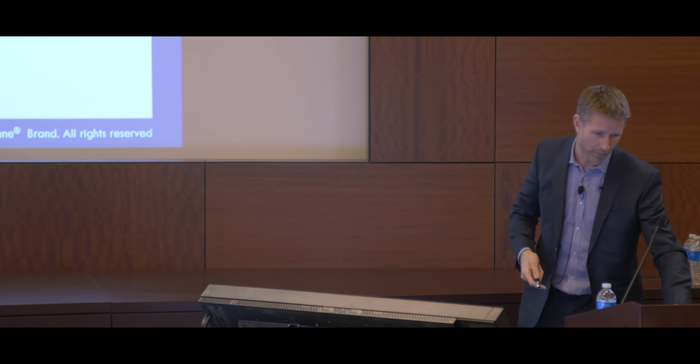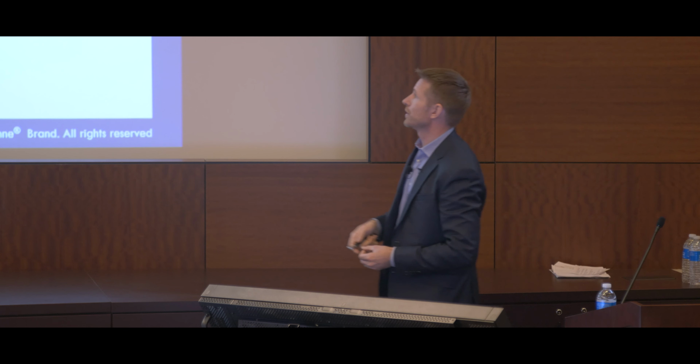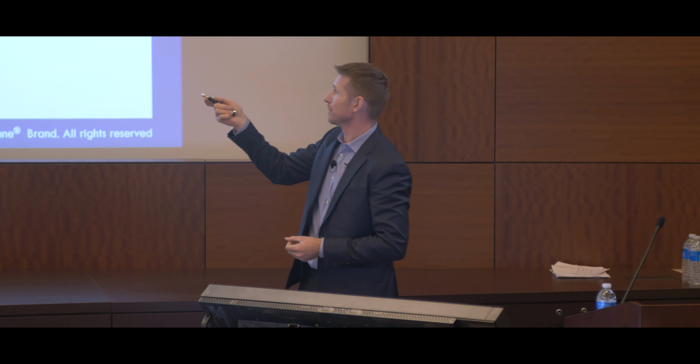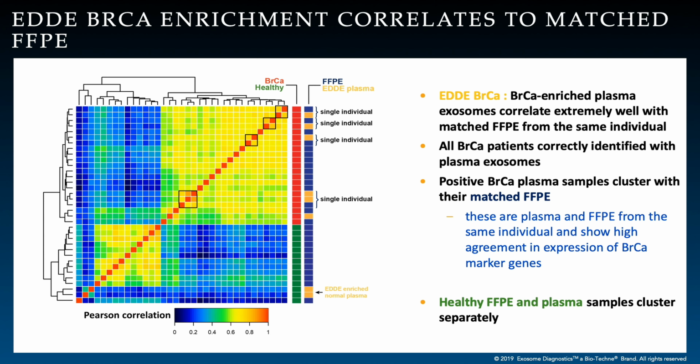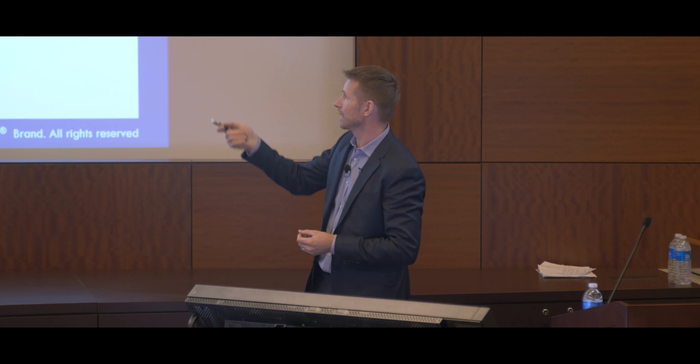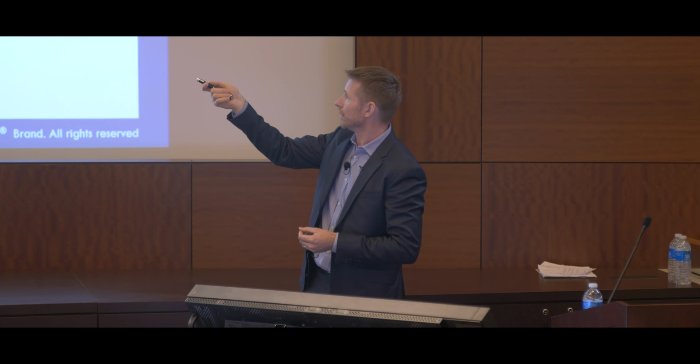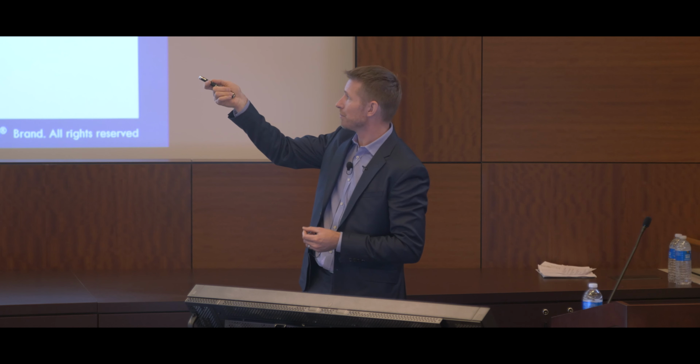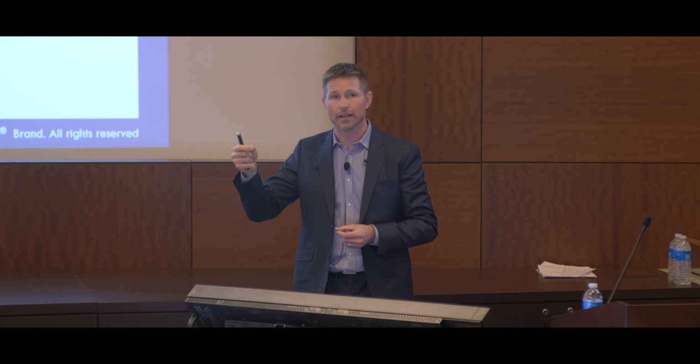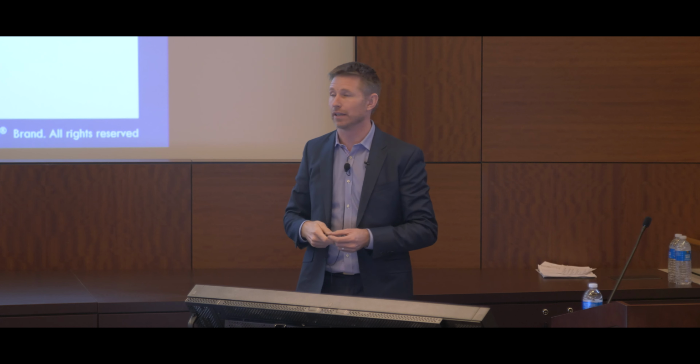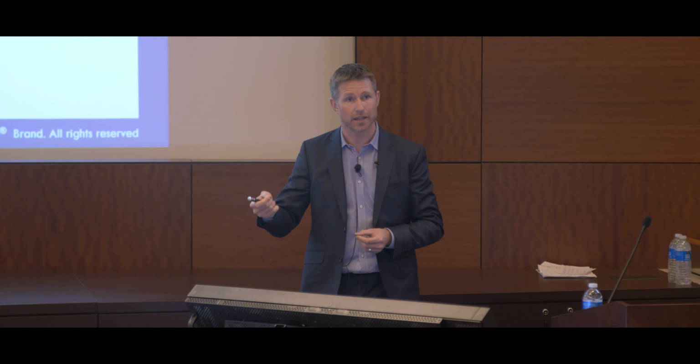And when we did that, we were a little bit surprised to see the nice correlation that we achieved. Among the patients that overexpressed this marker that we use for positive selection, the plasma sample clustered next to the tissue from the same patient.